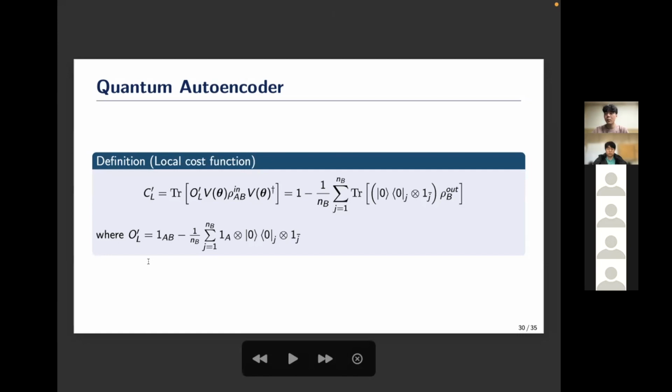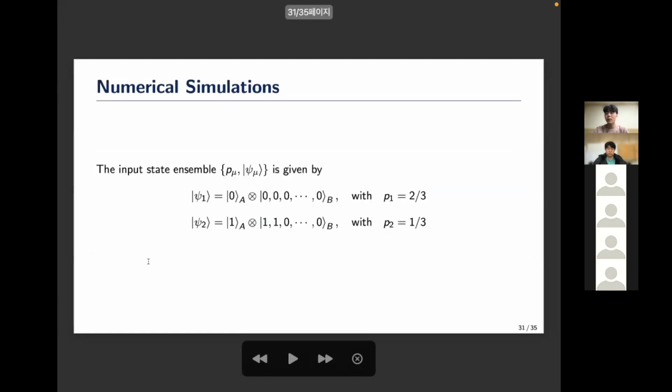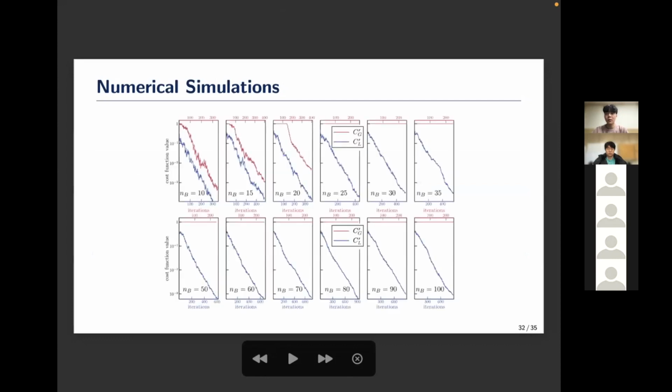And they did numerical simulations with the following case. NB is the number of qubits of the subsystem B. And you can see that the local cost function trains well, but the global cost function is hard to train when NB is bigger than 20.